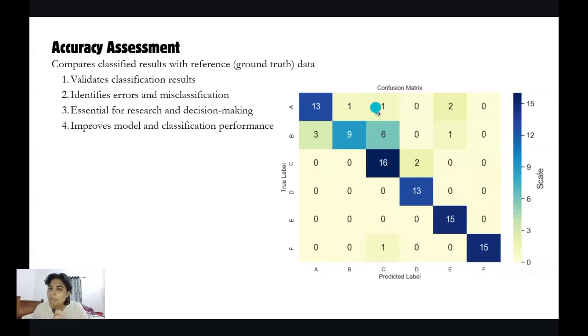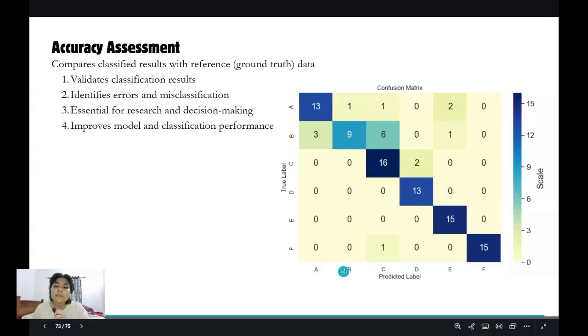One has shown up as a built up pixel, and two have shown up as vegetation. So these are the errors. So 13 have been classified perfectly and 4 have been misclassified. So how many in total? It is 17 points. Out of a total of 17 water points, 13 have been classified properly and 4 have been misclassified. That is what this particular table tells us.